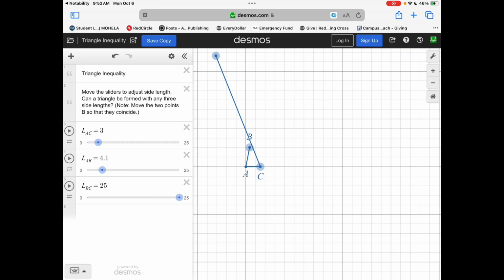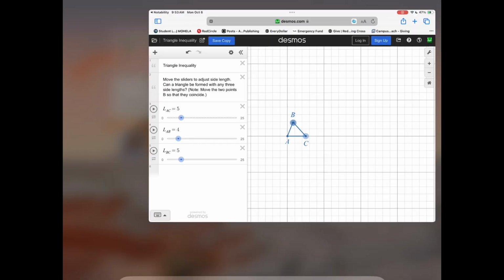Let's get that up to 25. Is there any way that we can make these into a triangle? No, absolutely not. This does not work. Okay, so what could it be? Let's see if I can get this to, there we go. So let's see what it could be. Okay, it could be 5. And there's a couple other things that it could be.